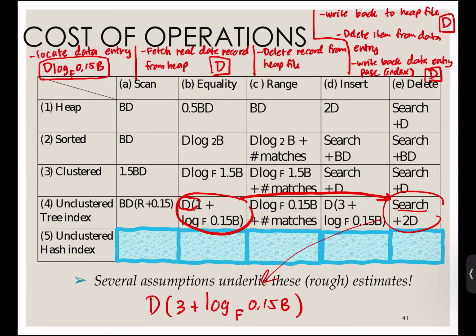And then that page in the heap file is in memory. You can delete the actual data record from the heap file and then write that page back. That's another D time. And then you have to modify the data entry in the index part. You can delete the item from the index entry and then write back that index entry page. That's another D time. So overall, that's 3D plus log of 0.15 BF. That's for 3.